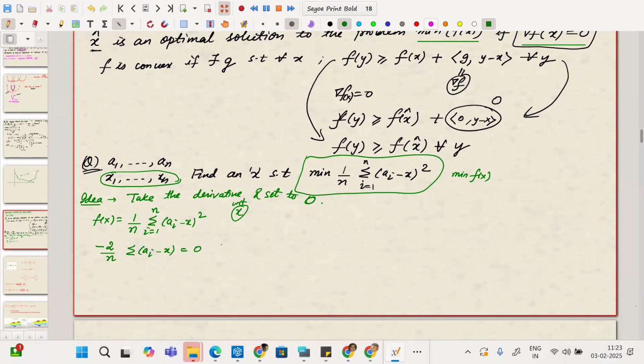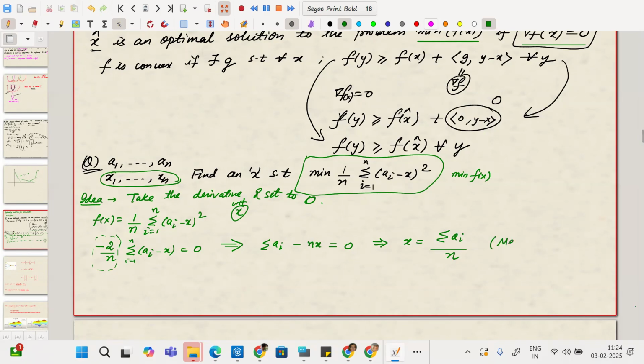Isn't it? That should imply summation of ai minus nx equal to 0, because you are summing x again and again n times. This factor is not 0, hence can be discarded. So summation of ai minus nx equal to 0 implies x equals summation ai divided by n.